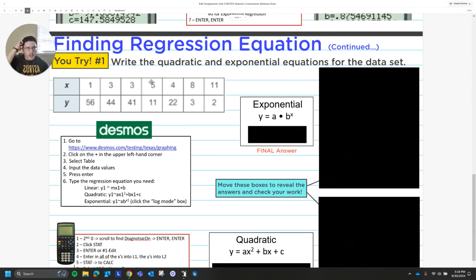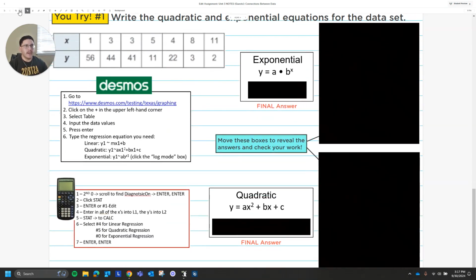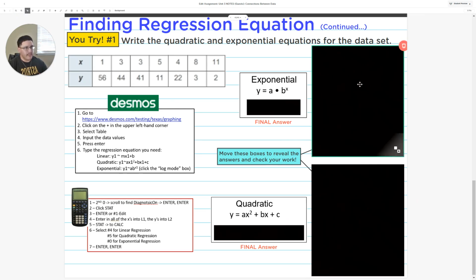So for you, try number 1, write the quadratic and exponential equations for the data set. You have that table. From that table, either use Desmos or the TI-84, whichever one you want, doesn't matter. And create the equations. If you're on ClassKick, you can move these boxes to check to see if you're doing everything correctly and creating the equation correctly, which is just as important.